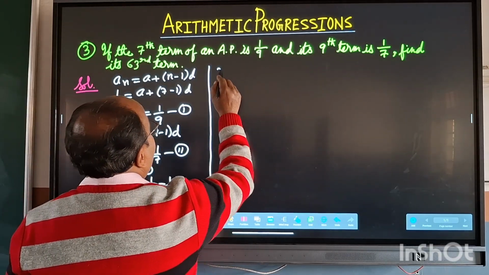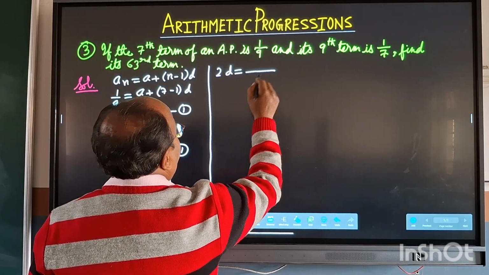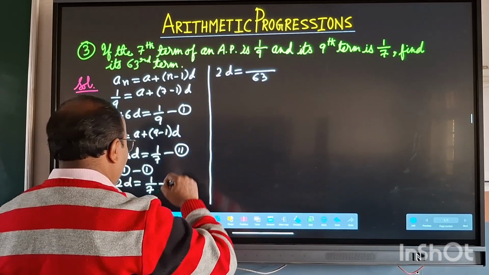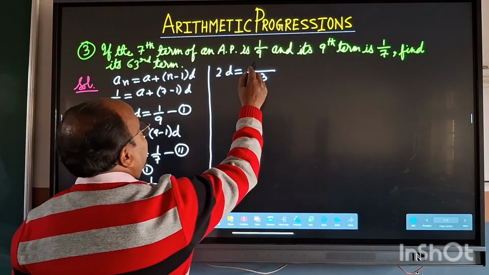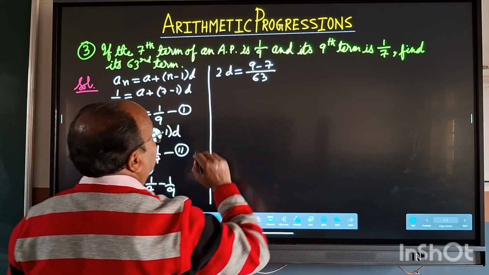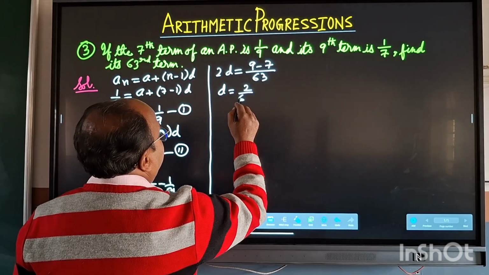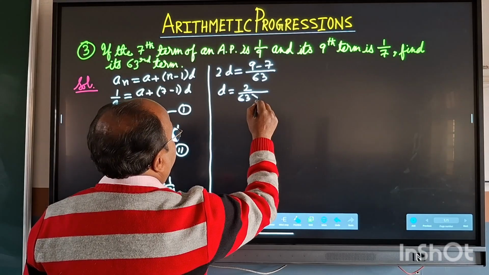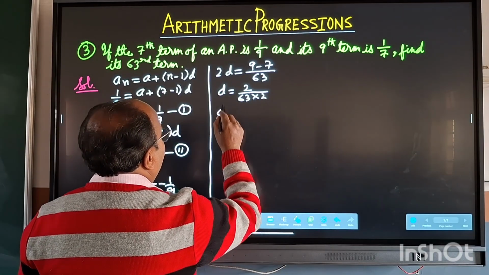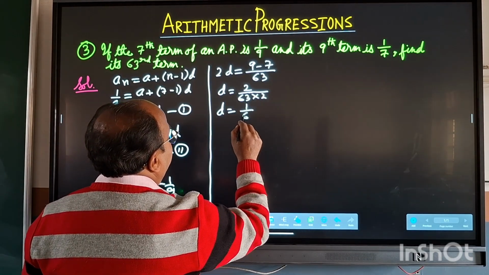So 2d will be equals to LCM will be 63. So then dividing by 7, I will get a 9 minus 7. So d value will be 2 by 63 from there, and this 2 will come and go to the denominator. So I am going to get d as 1 by 63.